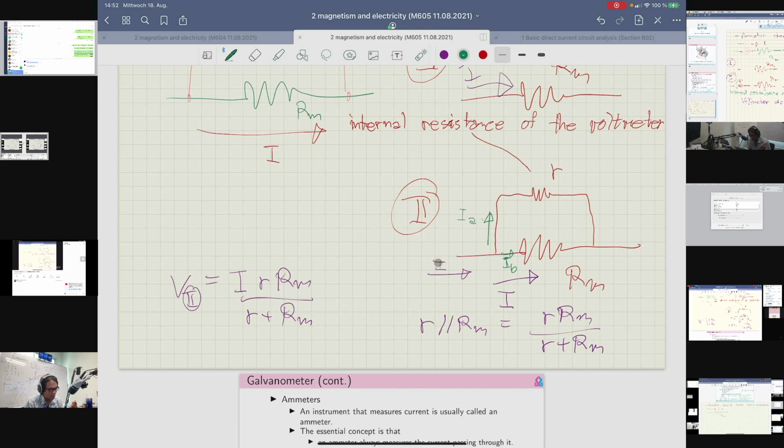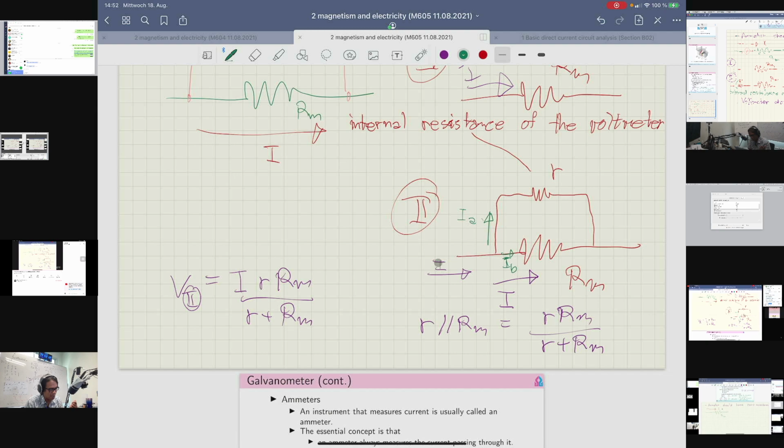I forgot to mention that the voltmeter has to be connected in parallel. You can see that it's in parallel, right?